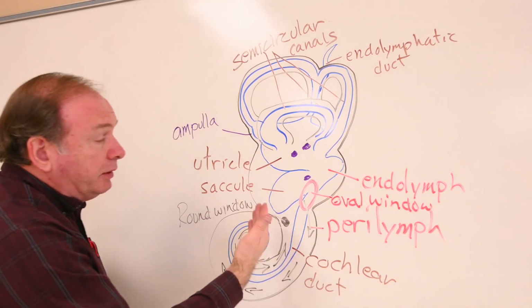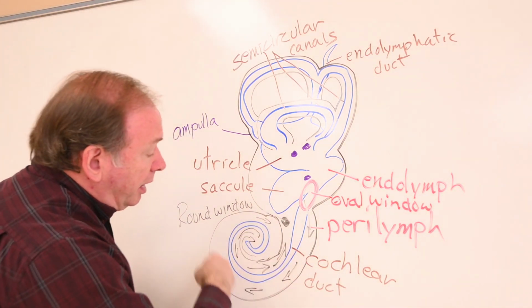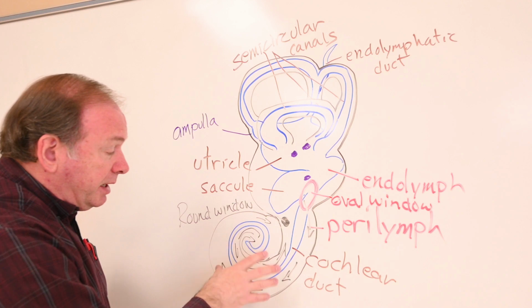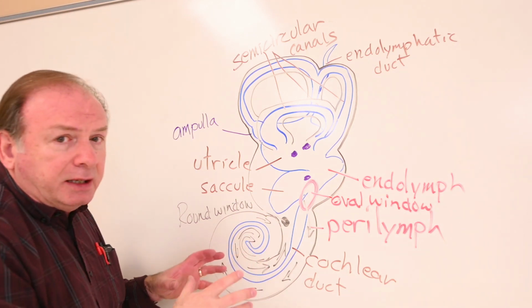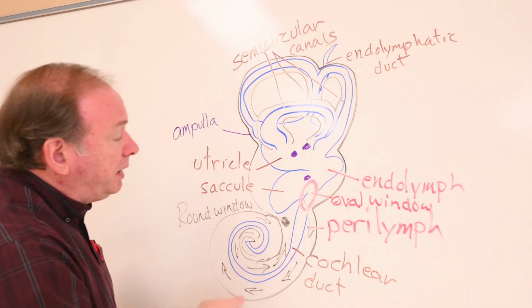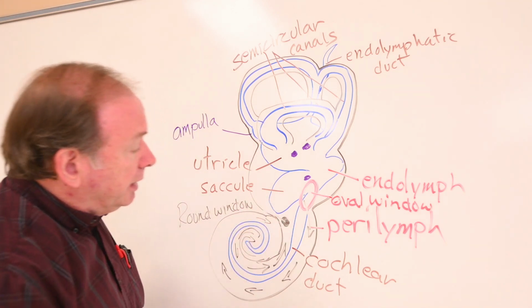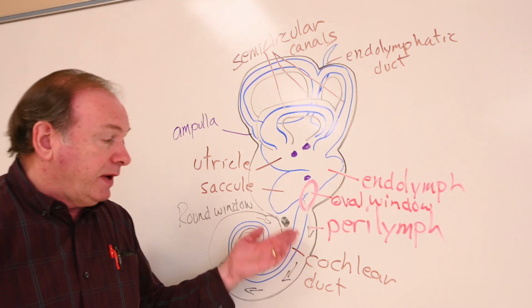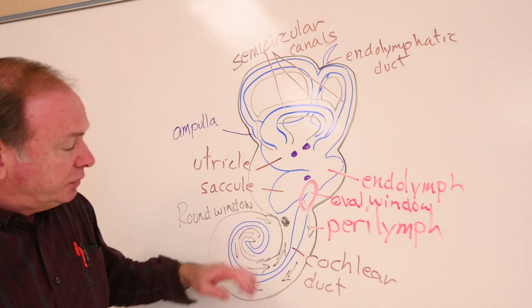A membrane that allows the vibration of the fluid without being confined or impeded by a closed space. It gives a little place for that vibration to give as it passes through here.